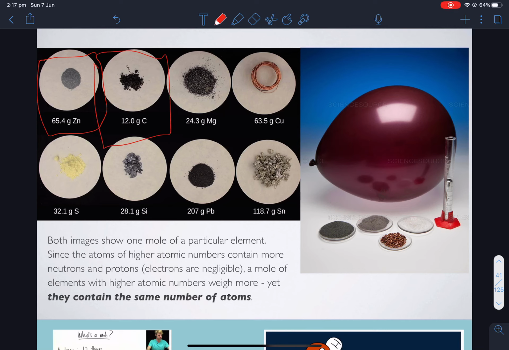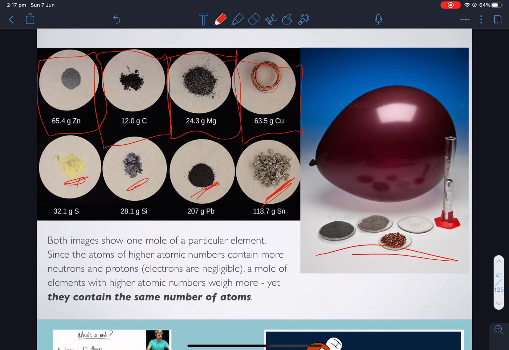There's your 12 grams of carbon, there's your 24.3 grams of magnesium, and there's your 63.5 grams of copper. There's your sulfur, there's your silicon, there's your lead, and there's your tin. All of them weigh different amounts, but they have the same number of particles in them. 6.022 times 10 to the 23 atoms in each one. Same number of atoms, but because atoms weigh a different amount, they weigh a different amount.